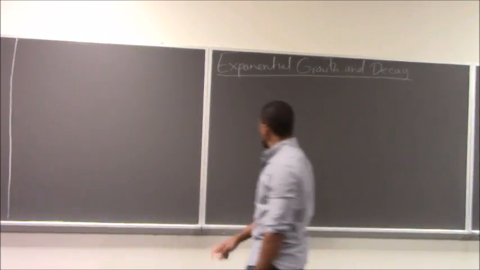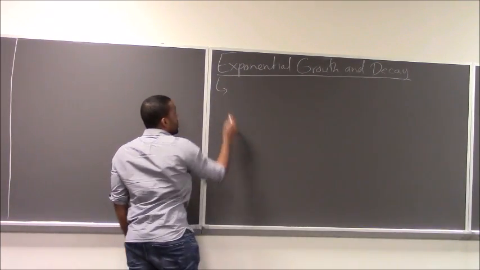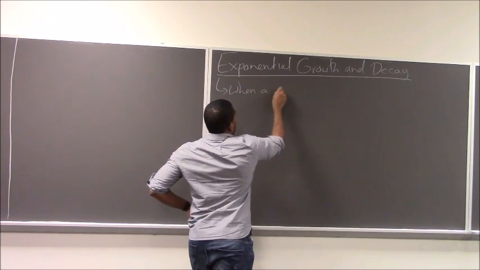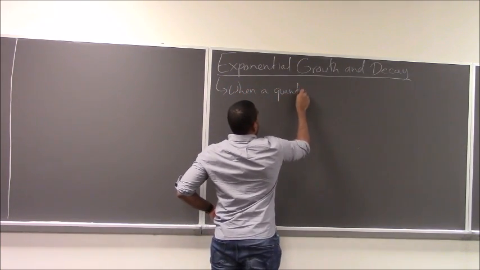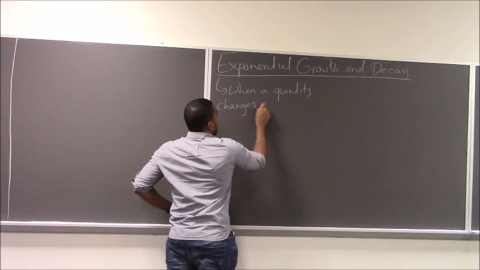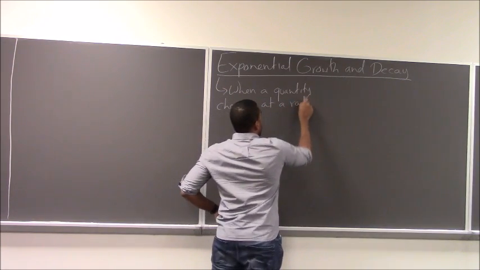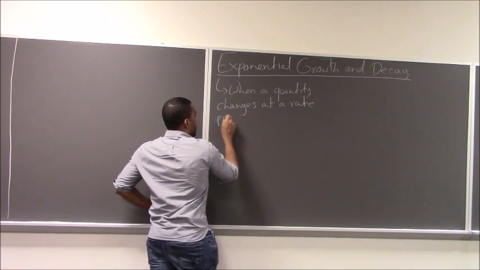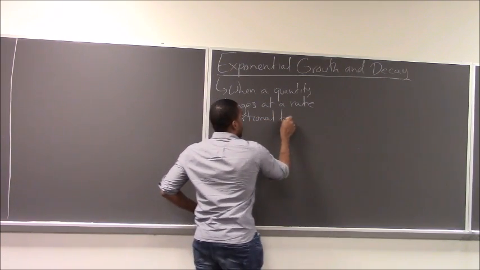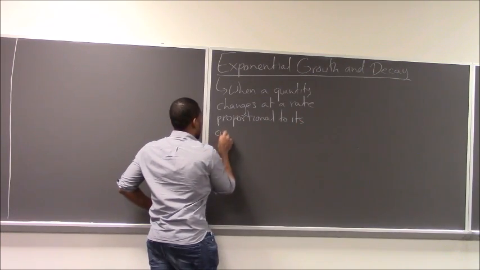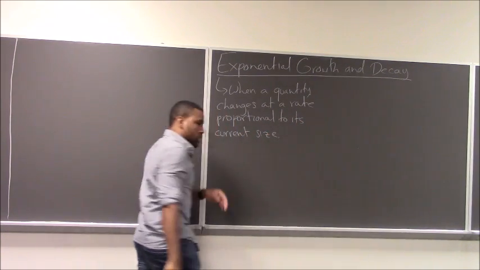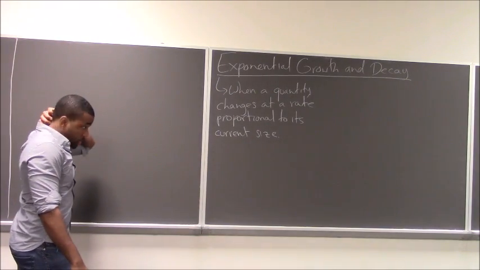Just to review a little bit before we jump in here, this is just when a quantity changes at a rate proportional to its current size, or changes by some fixed percentage amount per unit time.